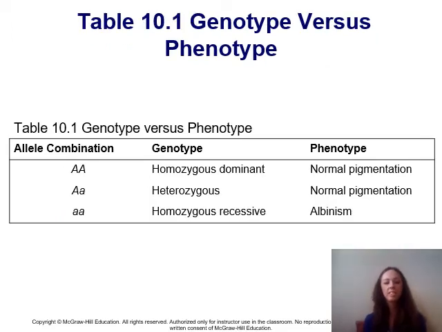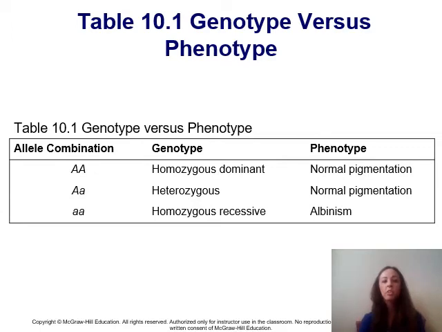Normal skin pigmentation is a dominant allele, and by that I just mean that the person is able to produce the particular protein that produces melanin for the skin, which is what makes your skin turn darker after you get a sunburn. If a person carries two of these dominant alleles, then the person would have normal skin pigmentation.